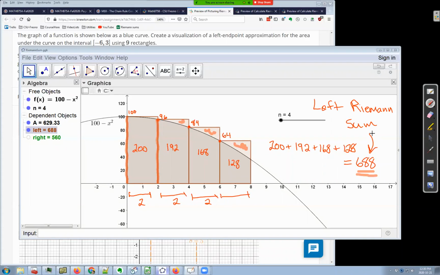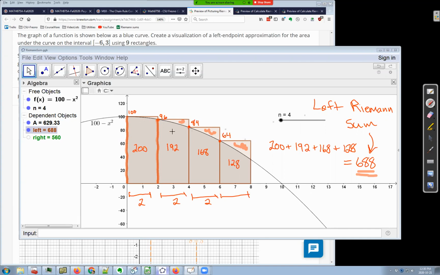And again, there are two kinds of Riemann sums. There are left Riemann sums and there are right Riemann sums. So you say, well, what's the difference between a right Riemann sum and a left Riemann sum? Well, it's about how you determine the heights of the rectangles.